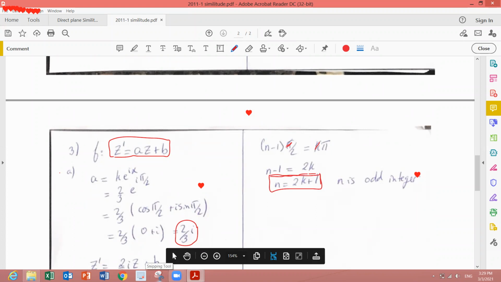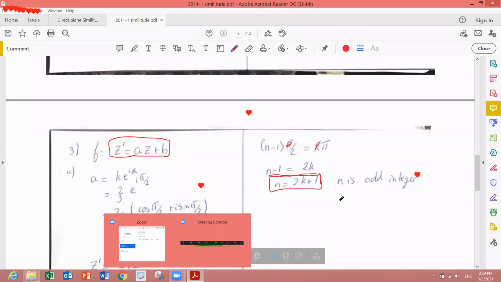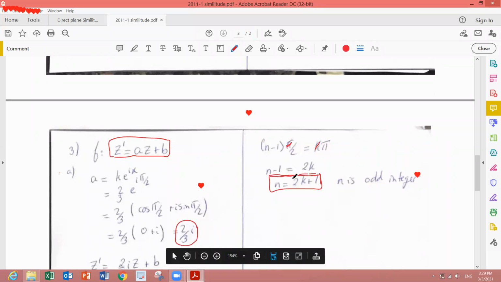Why k times pi? For the points to be collinear, the angle could be 0, pi, minus pi, 2 pi, 3 pi. N is odd. Why is it odd? Any number we multiply by 2 will be even. We add 1, it will be odd.